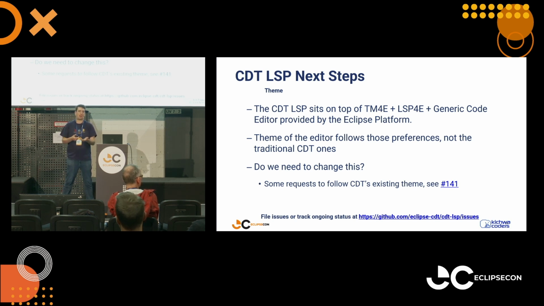We have already had bug reports asking why this changed and why it looks like this. We want it to look like we would expect. There's still an open question: do we need an ability to make CDT look like it? Do we do that by having some themes that we contribute back to TM4E and LSP4E? I can't remember exactly which parts go where, but the aim is that it can look more like how CDT users expect. It's still an open question.